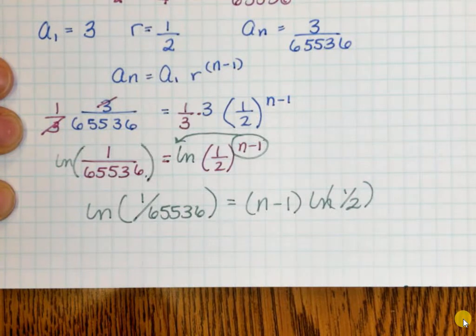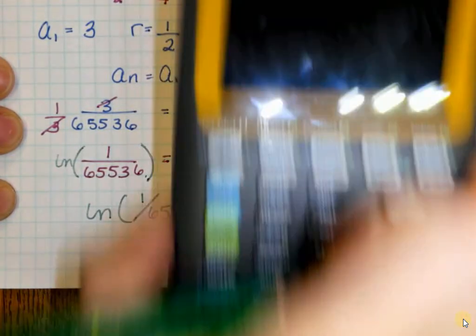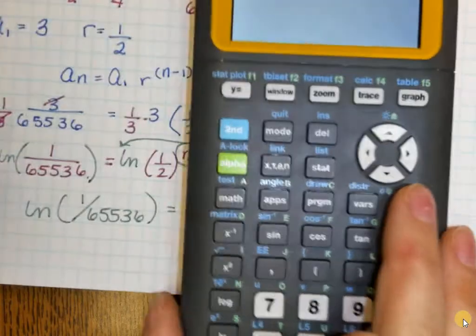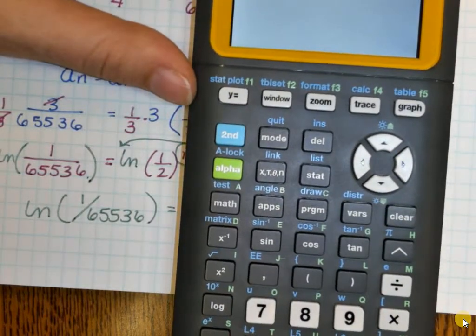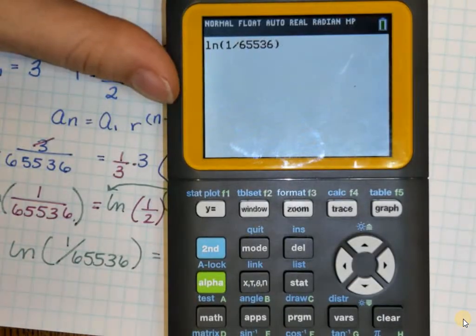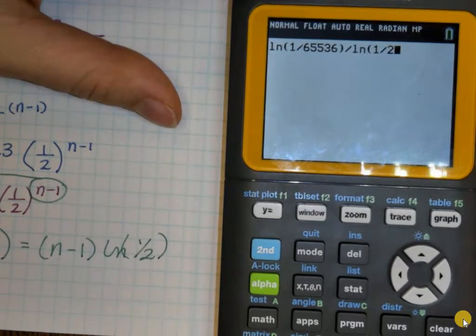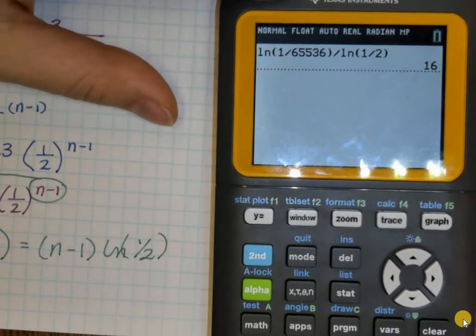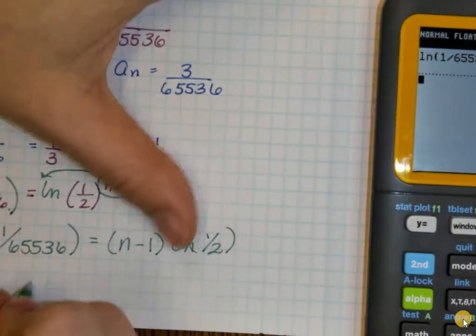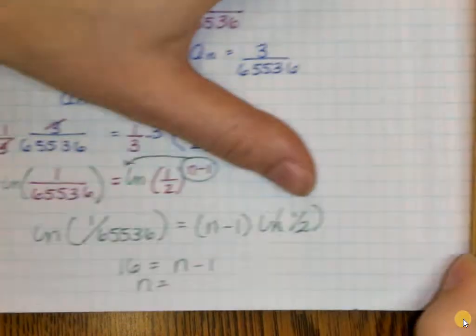Now I think it's easier here to just divide both sides by ln of 1/2. I'm going to plug this into my calculator because it's going to be icky if I don't. ln of 1 over 655,36 divided by ln of 1/2. Oh, that's nice. I got 16. So 16 is n minus 1, so what is n?